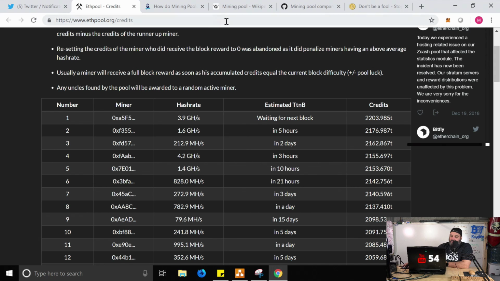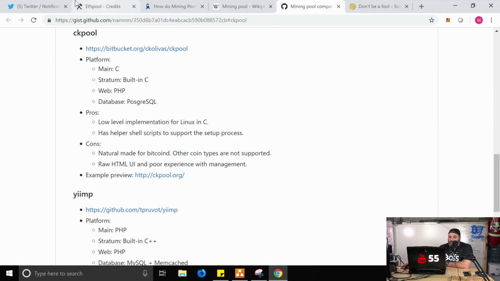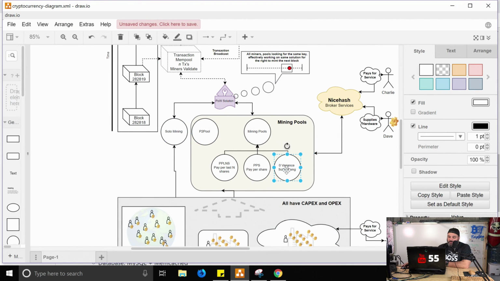So that's what it comes down to: the business rules matter on the pools. It's not just about the payment schema. You do have other rules on top of these. And then again, I put the P2 pool in here.